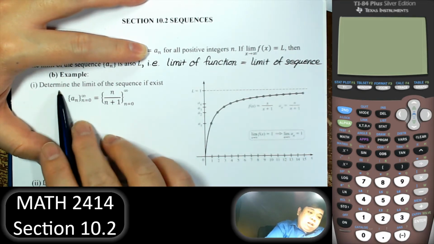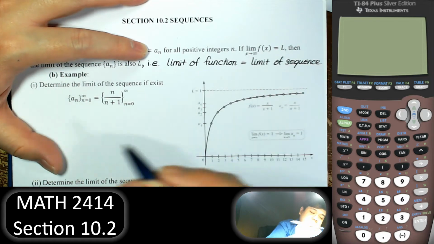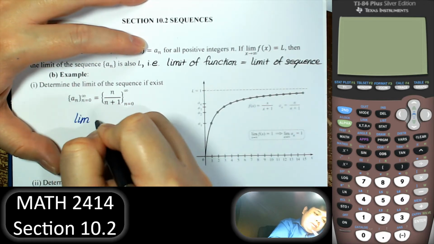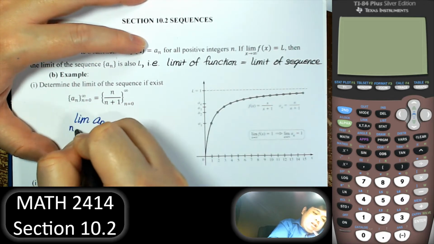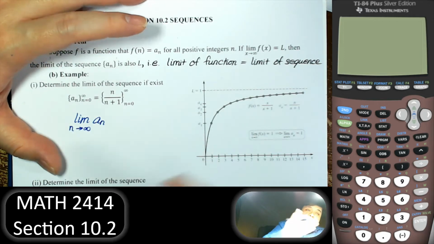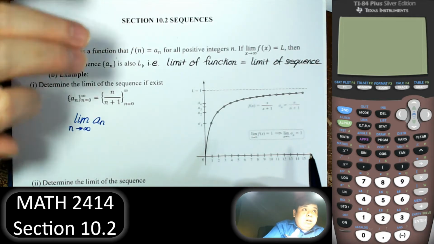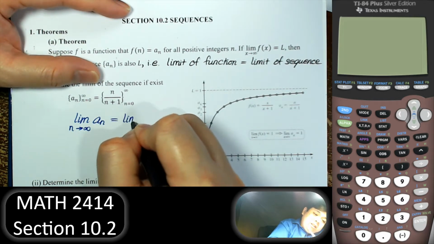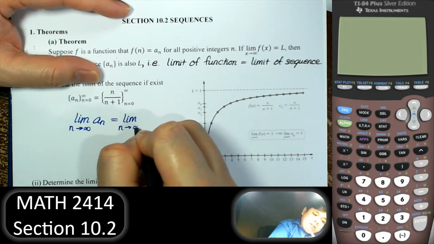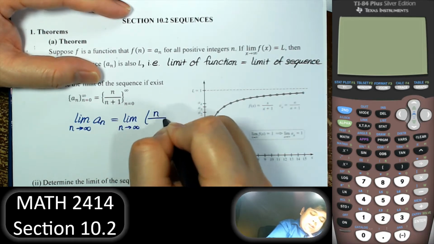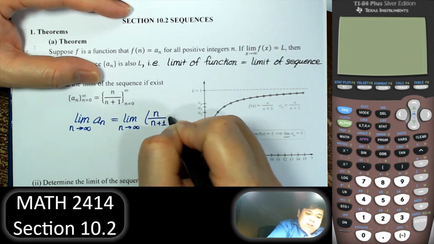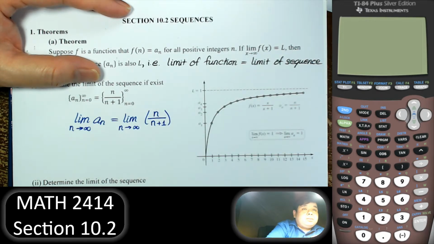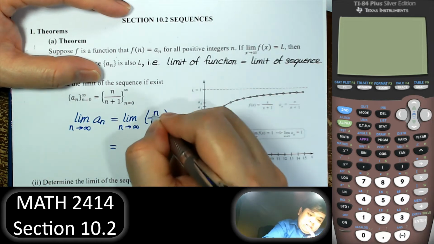So determine the limit of the sequence. By that we mean the limit as n goes to infinity. That's simple enough. And we did this before, right? For polynomials, only the term with the highest power matters.